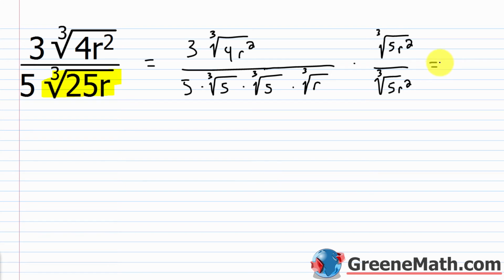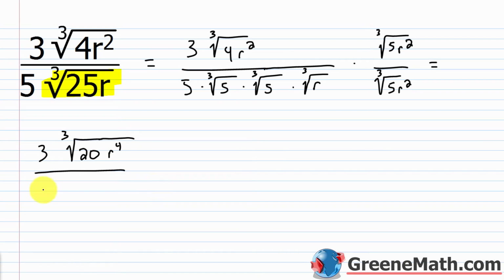All right, so let's go through and multiply. So in the numerator, we'll have 3, which is multiplied by the cube root of 4r squared times the cube root of 5r squared. So this would be the cube root of 4 times 5, which is 20, times r squared times r squared, which is r to the 4th power. Of course, we can simplify this, and we'll deal with that in a second.